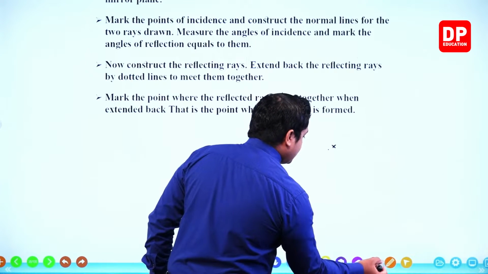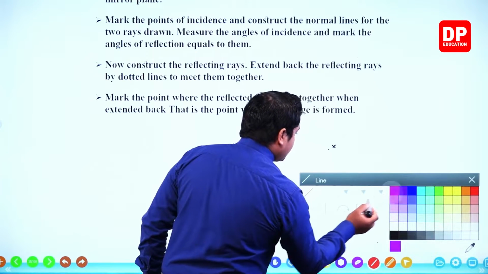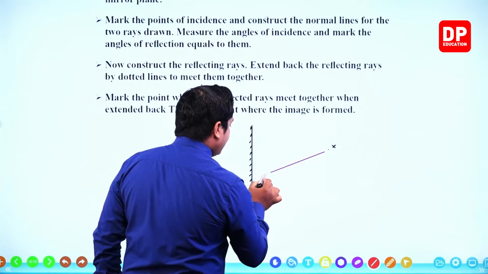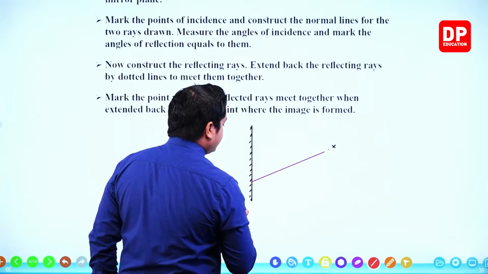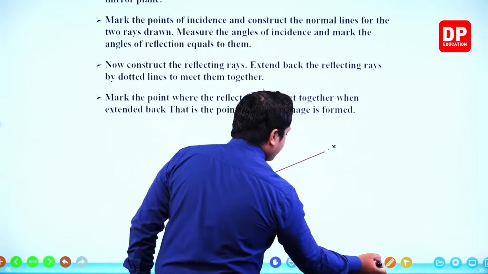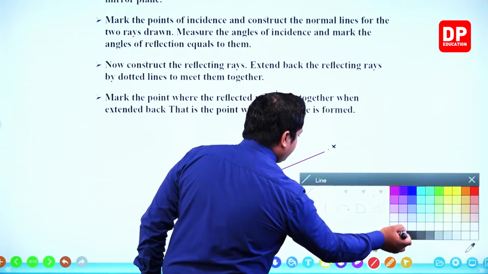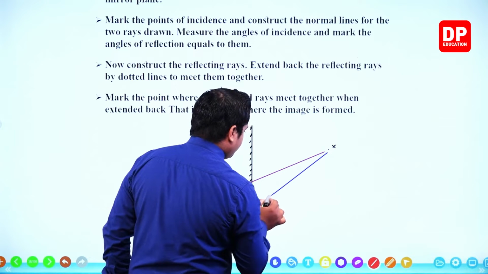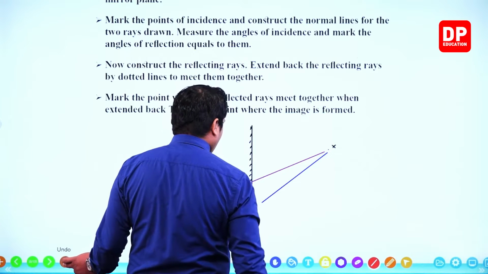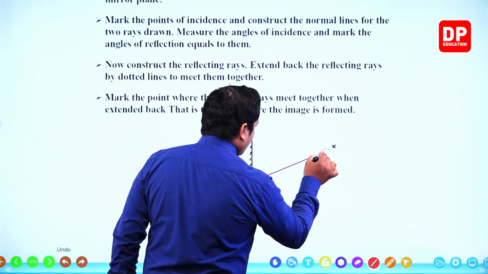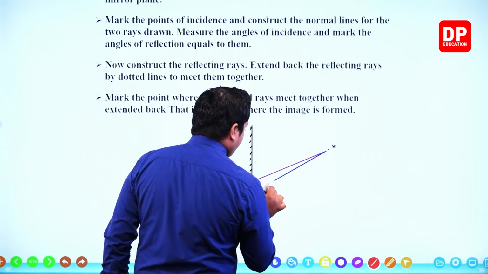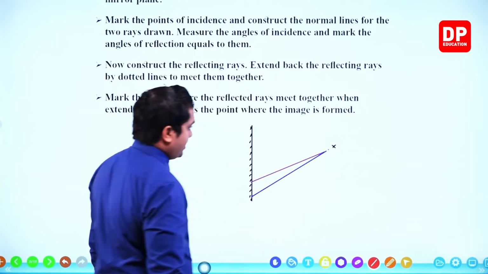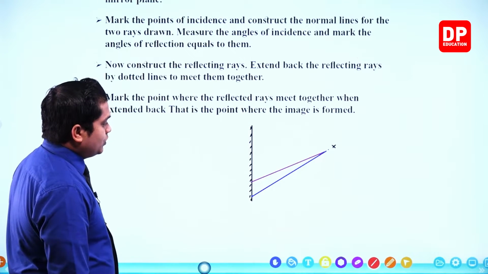I'll use two different colors to indicate it. One, then another one, two. Like this, you have to draw two inclined ones. Remember, inclined ones. So, two light rays.